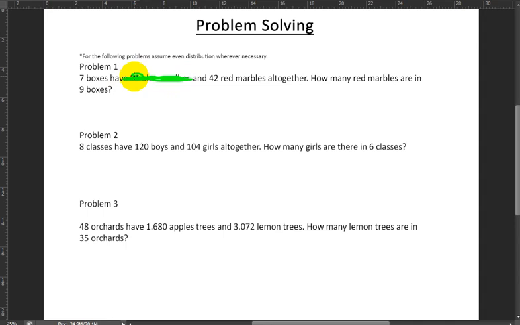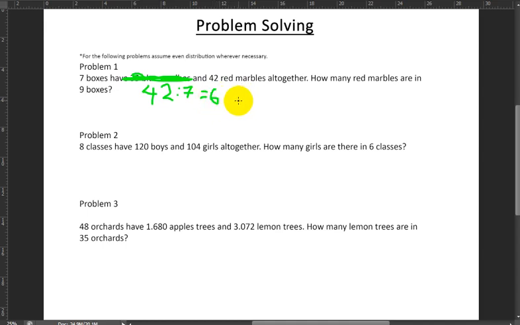So it's asking how many red marbles are in 9 boxes. To do this, I first need to know how many red marbles are in 1 box. Since there are 42 marbles in 7 boxes, that means that in 1 box I'm going to have 42 divided by 7, which means that in each box I'm going to have 6.